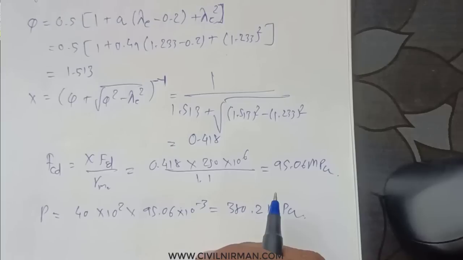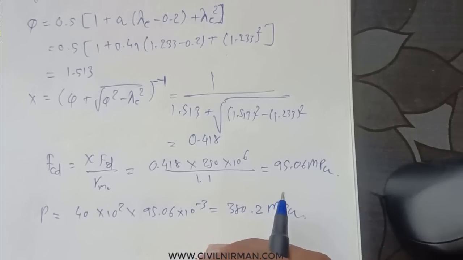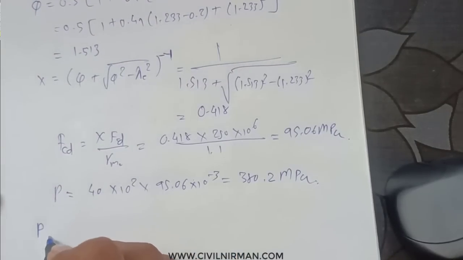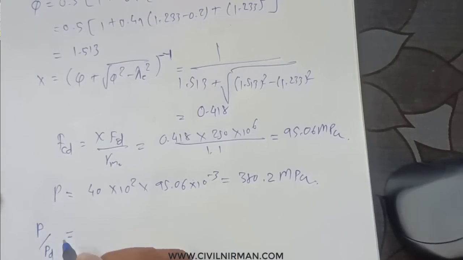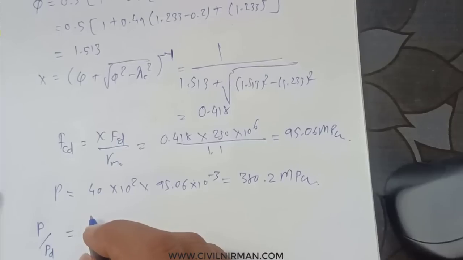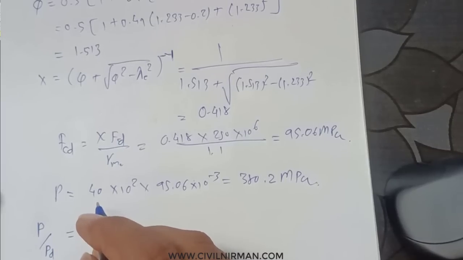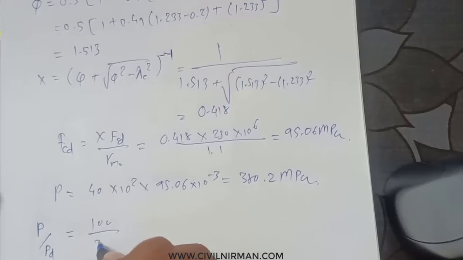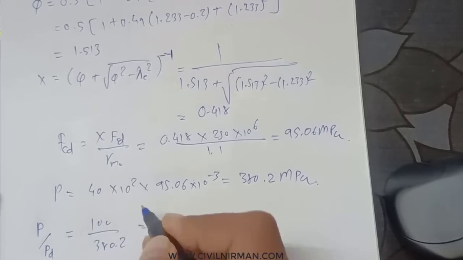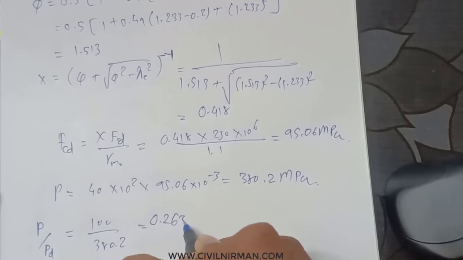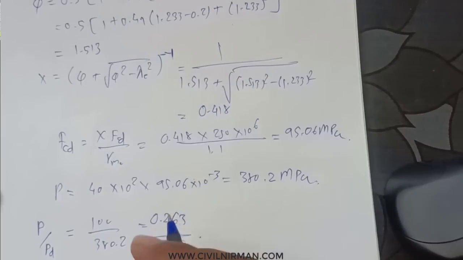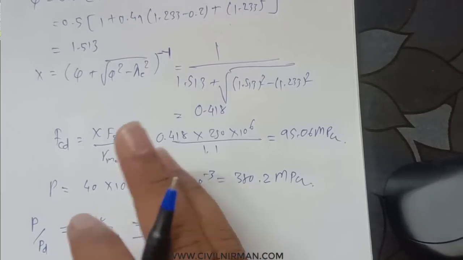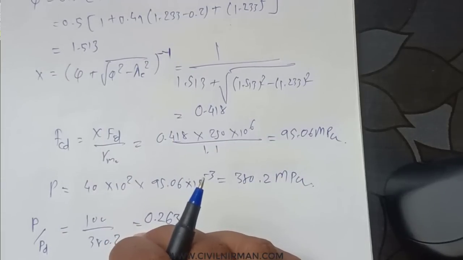So if I work out the utilization ratio, your actual load P is 100, and design load PD is 380.2. So 100 divided by 380.2, I'm getting the value as 0.263. So that is your utilization ratio. Got it? So that's how you can work out these values.